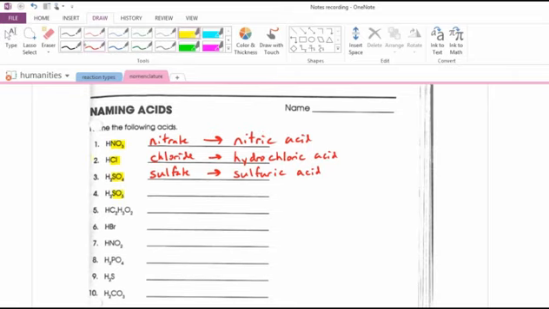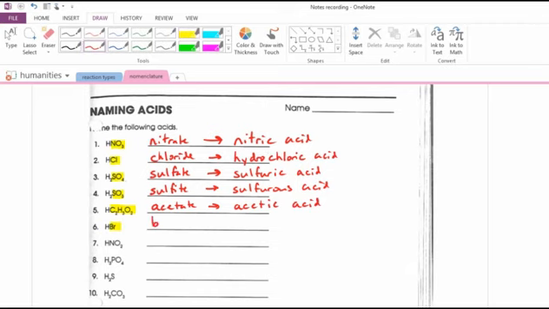So SO3 is sulfite. So we use the OUS ending and add the word acid. C2H3O2 is the acetate ion. So we change the ATE to IC and add the word acid.